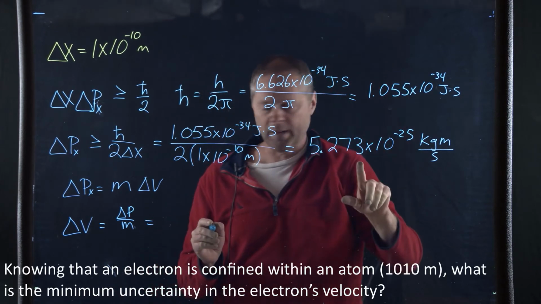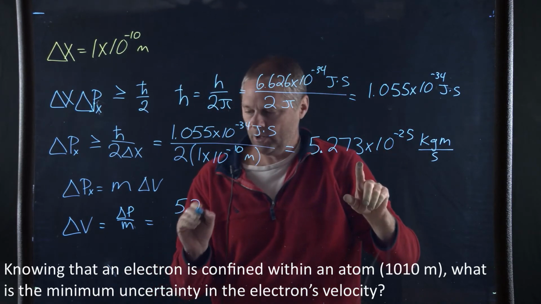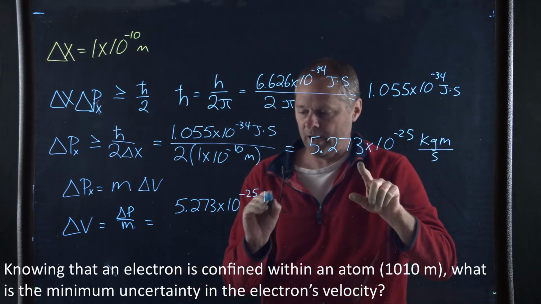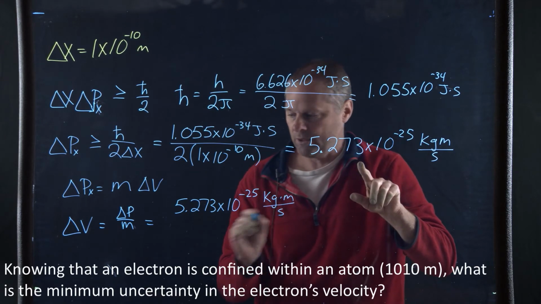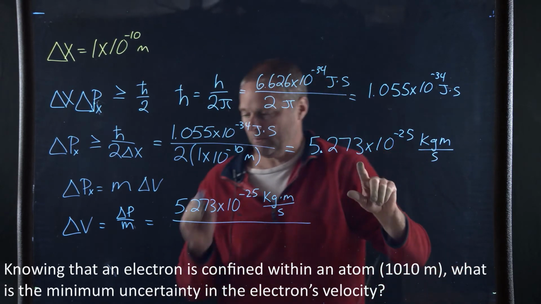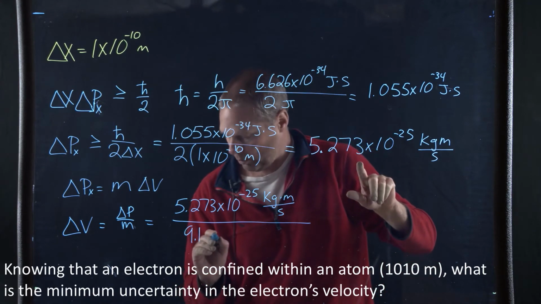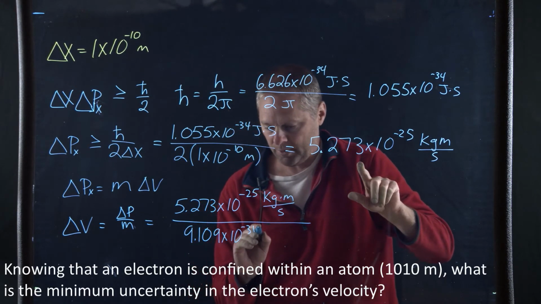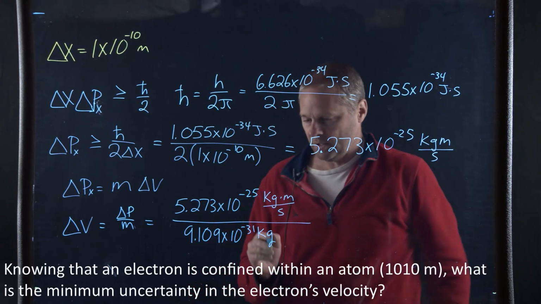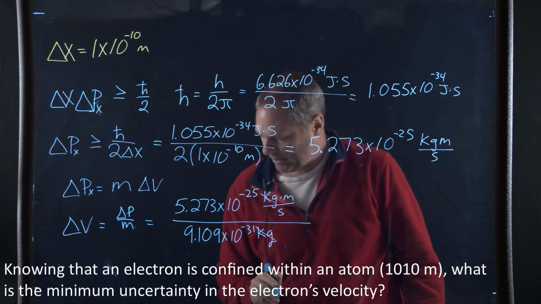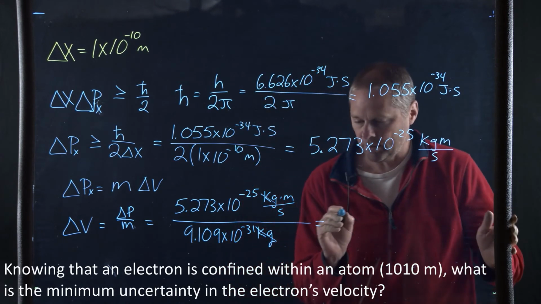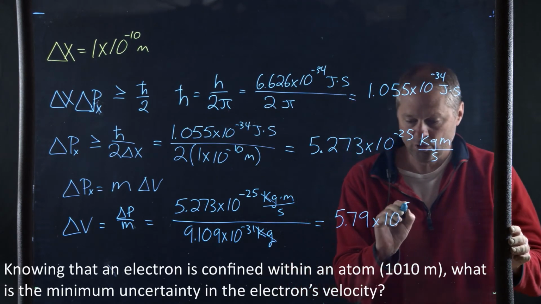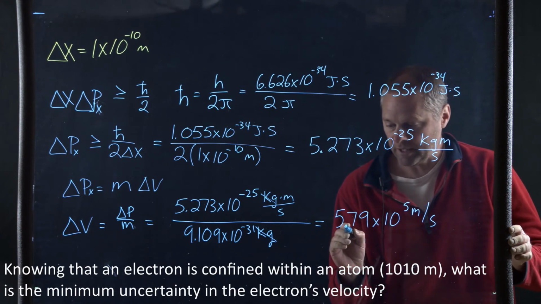We know the change in momentum is 5.273 times 10 to the negative 25 kilogram meter per second, divided by the mass, which is 9.109 times 10 to the negative 31st of a kilogram. The units of kilogram cancel, leaving meters per second. And this is going to be equal to 5.79 times 10 to the 5th meter per second.